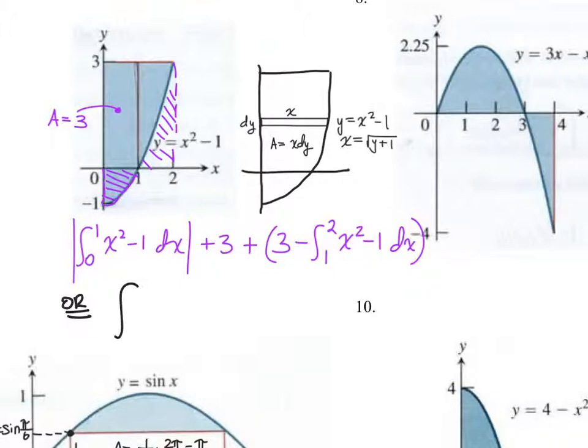So when I want to redefine my integral, I could say the integral of the square root of y plus 1 times dy, square root of y plus 1 dy. That product gives me the area of a single rectangle. Integrating gives me the infinitely many rectangles that I want added together. Now I just need to know the bounds.